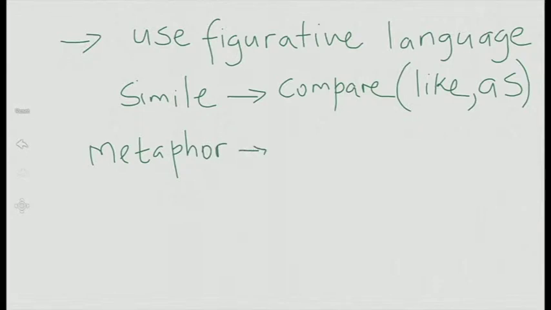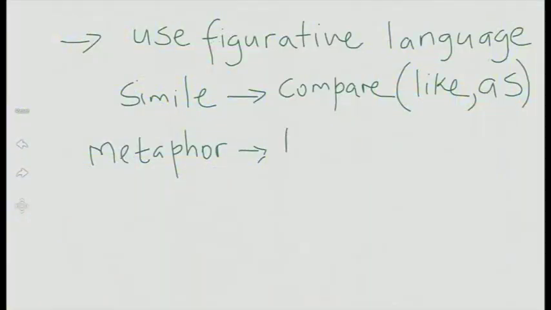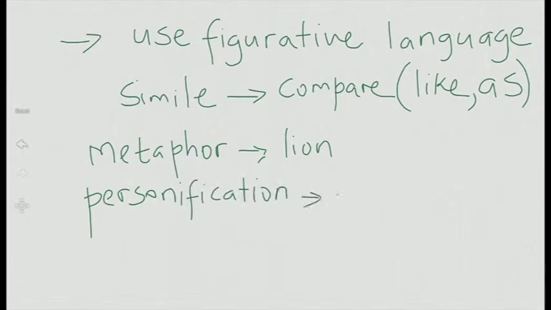So when you use a metaphor, you would say, my father is a lion, basically to mean that your father is someone who's very, very strict, and you are scared of him. And again, there are so many that you can use. You can also use personification. An example of personification would be, the car covered in mud was crying for a wash.